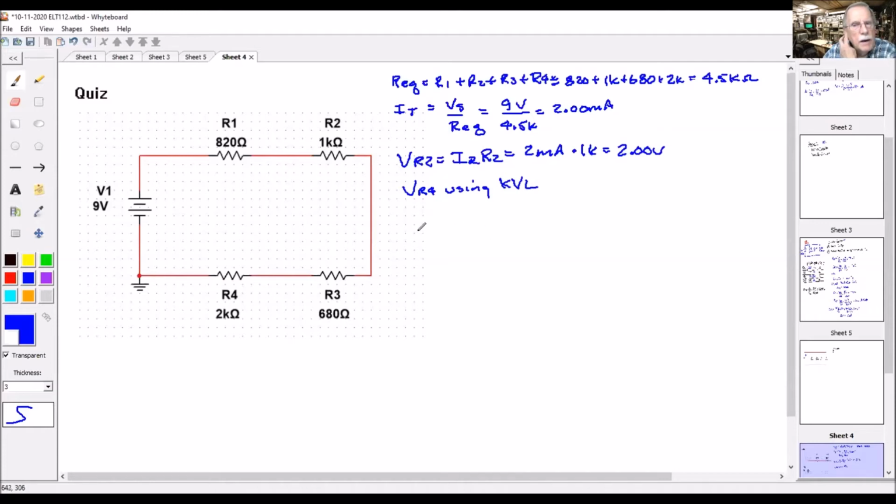So that means that we know that this is 2 volts. We want to find VR4. So I need to find VR1 and VR3. VR1 is IT times R1.